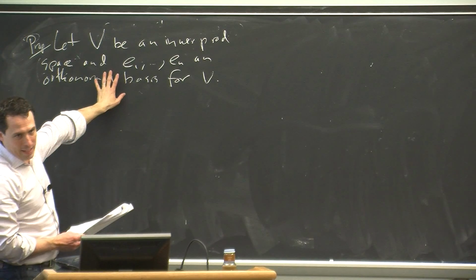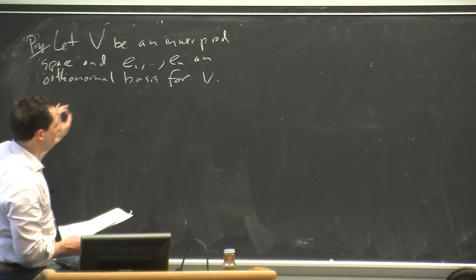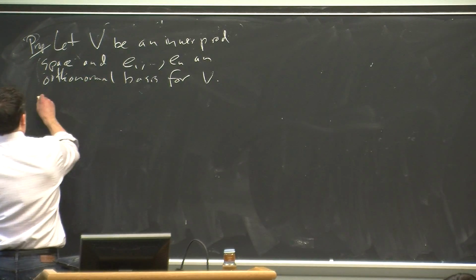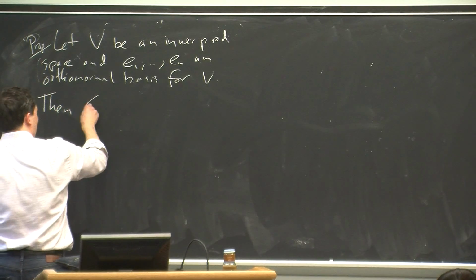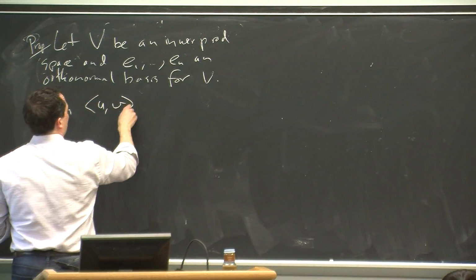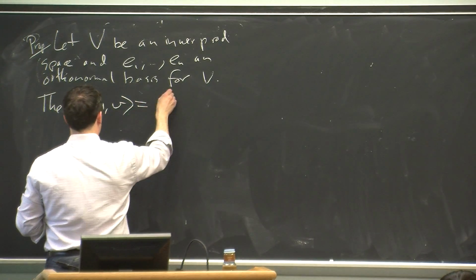And I have, moreover, an easy way of computing the coefficients by taking the inner products. And so I should be able to express the inner product in some easy way. And that's true. And here it is.